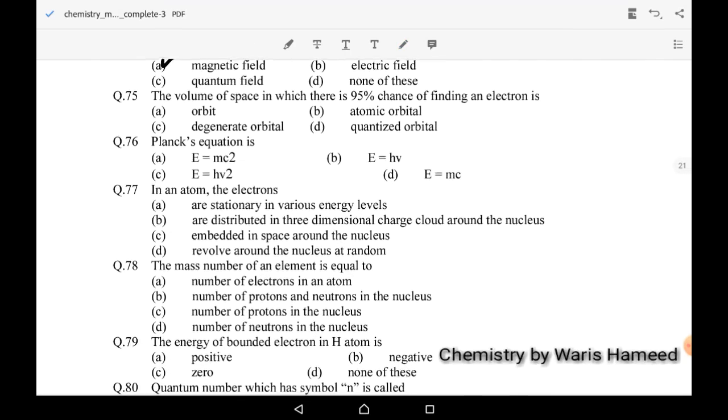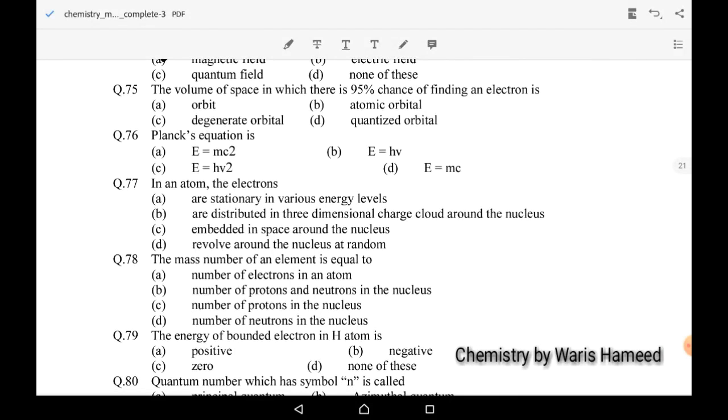The volume of space in which there is 95% chance of finding an electron is atomic orbital. Planck's equation is E is equal to hf or hν. So B option is correct.